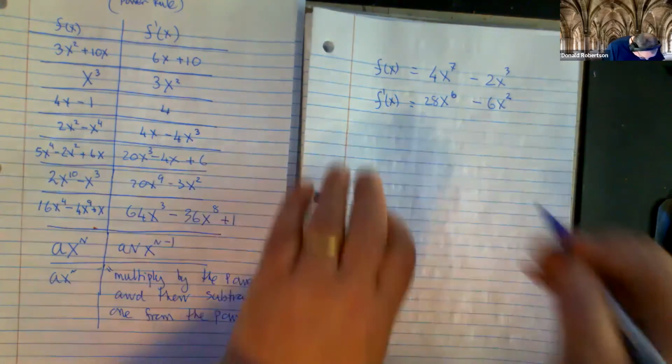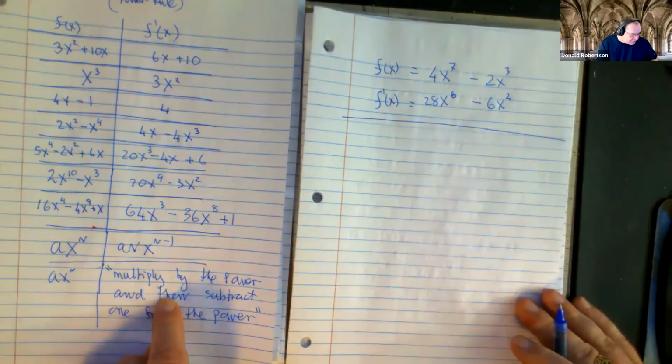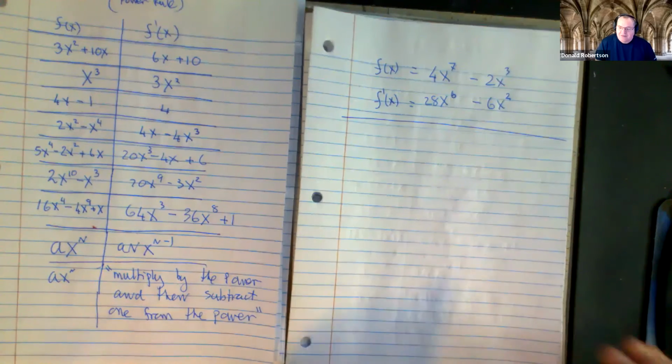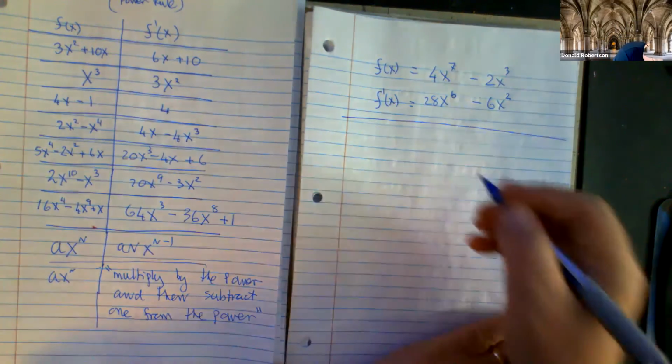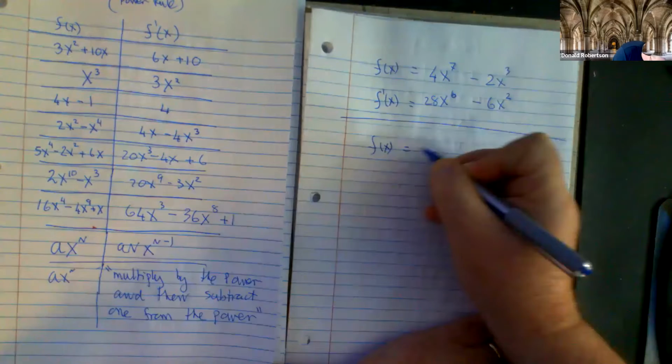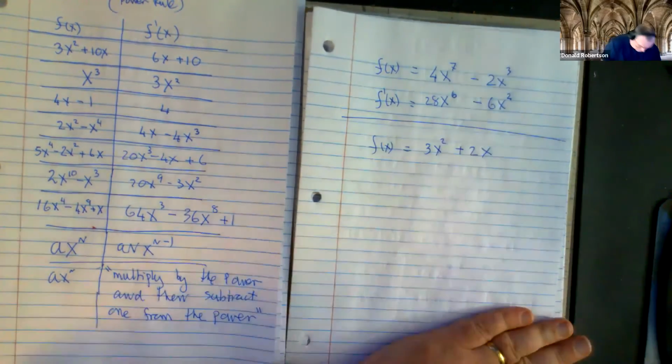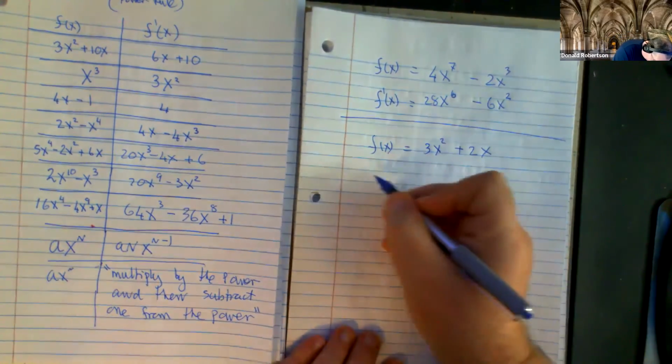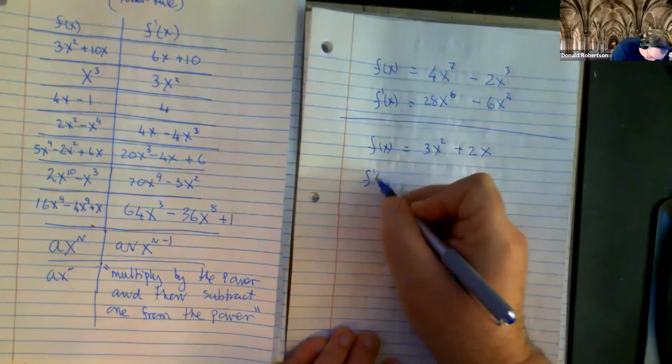And this rule is still true, even although what I'm about to do next might look like you're not doing the rule anymore. I am. I'll show you what I'm getting at. Find the derivative. Shouldn't have problems with this one.